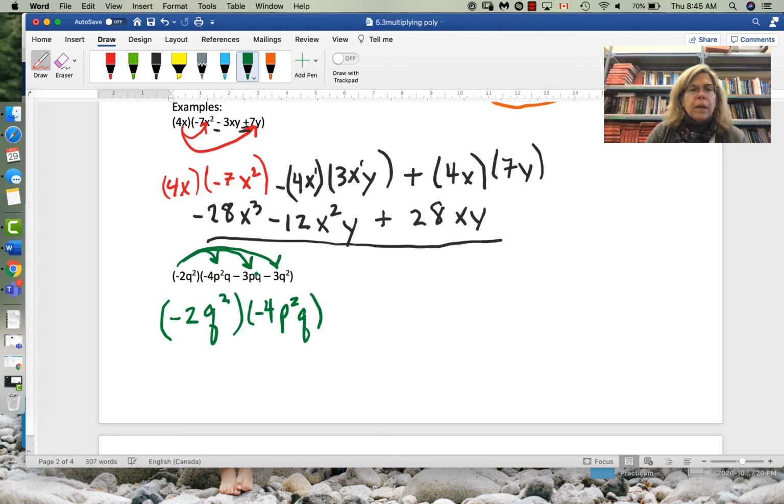And minus 2q squared times 3pq. So that's minus 2q squared, oh, pardon me, it's positive 3pq, or minus 3pq, but I put the minus sign out here.